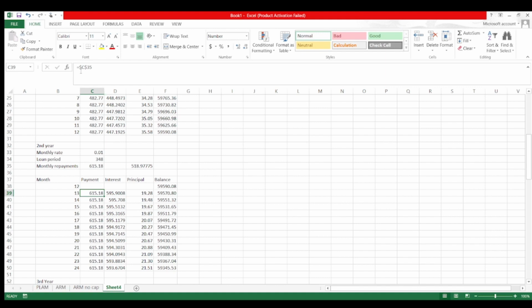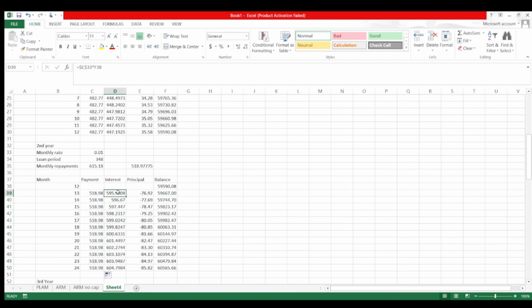So for this example, during the second year, we'll pick the capped payment. Now you can drag that down throughout the 12 months.